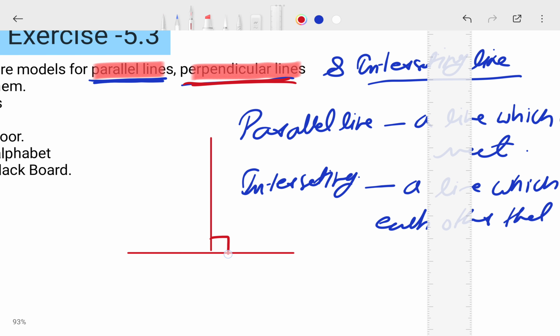Here this is one right angle, here this is 90 degrees, here also there is a 90-degree angle, so both are 90 degrees only. So that is called the perpendicular line.